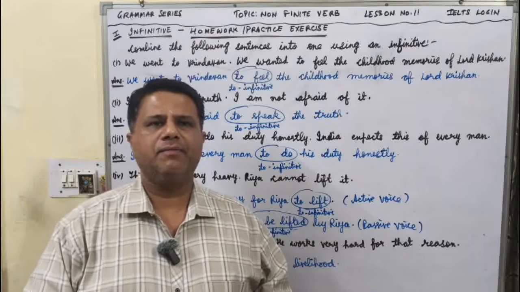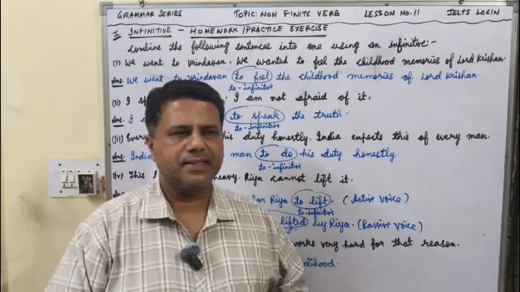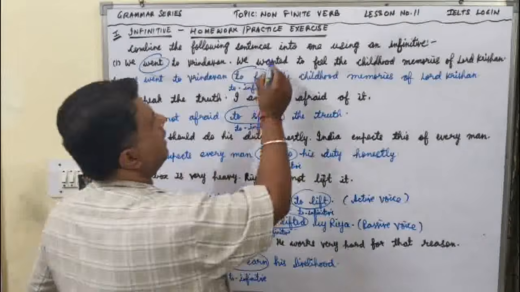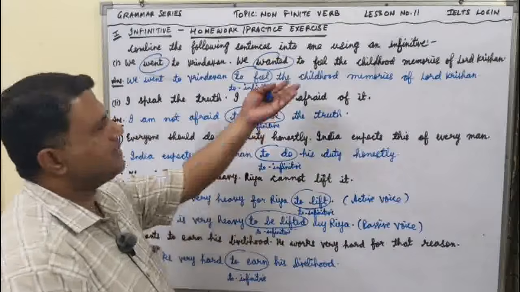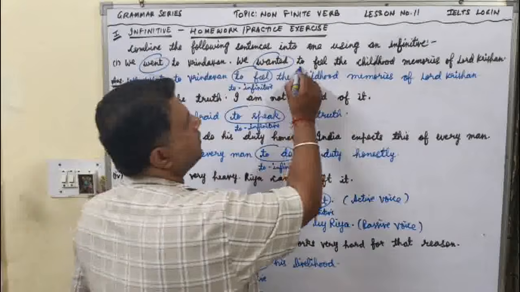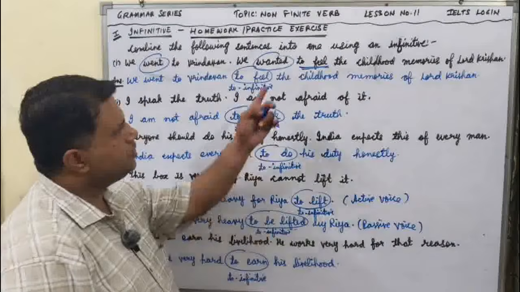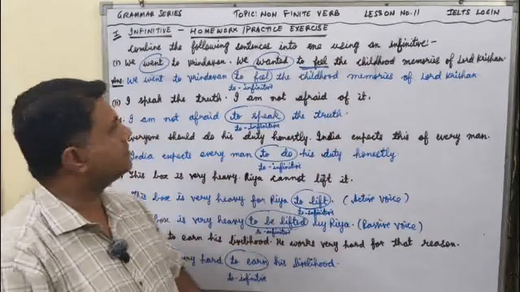So change the verb to first form, add 'to' and join the sentence. Went is the verb here and wanted is the verb here. In this sentence there is no problem, the to-infinitive is already there. So leave everything else, join the sentence from the to-infinitive, and you will get the answer.